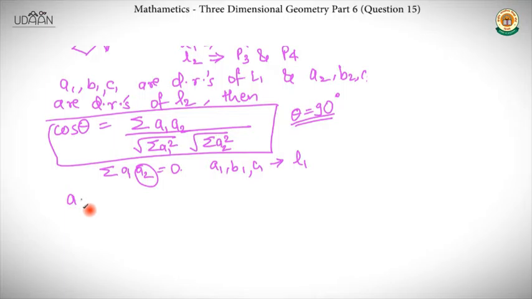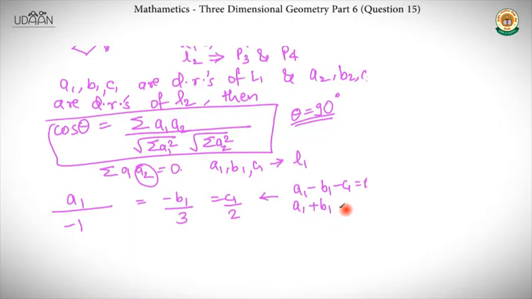Okay, so we will now be obtaining two equations for a1, b1, c1, which would be given as a1 upon minus 1 equal to minus b1 upon 3 equal to c1 by 2, which we have obtained from a1 minus b1 minus c1 equal to 0 and a1 plus b1 plus 2c1 equal to 0.